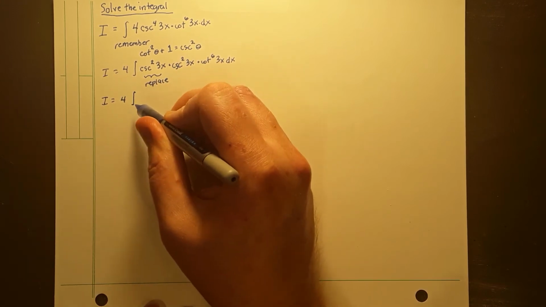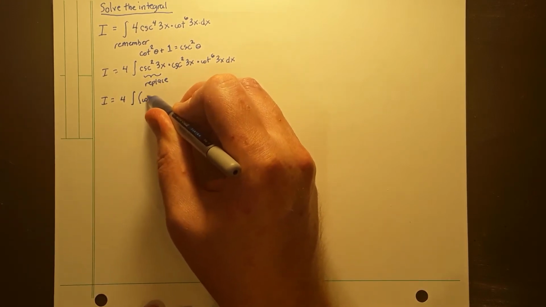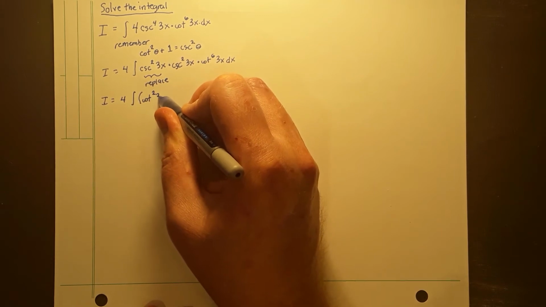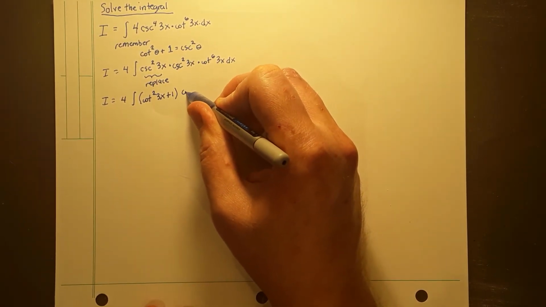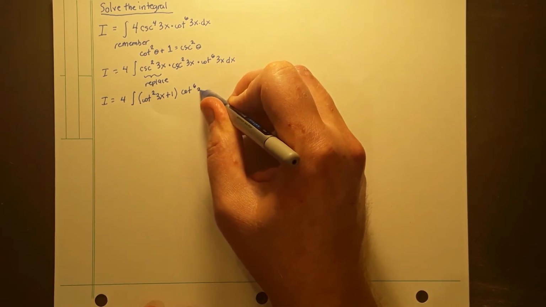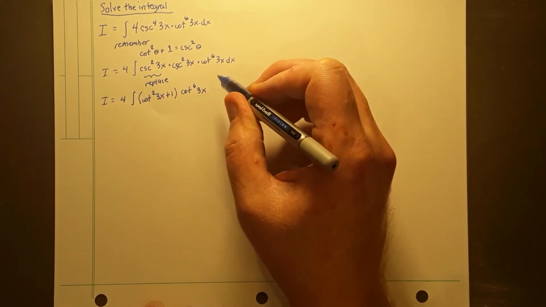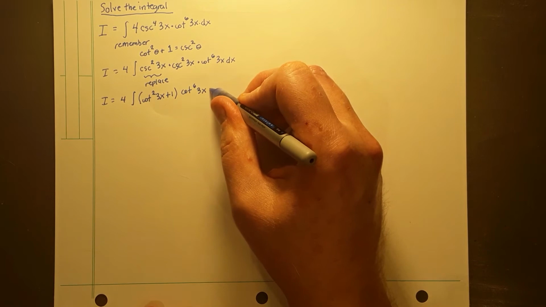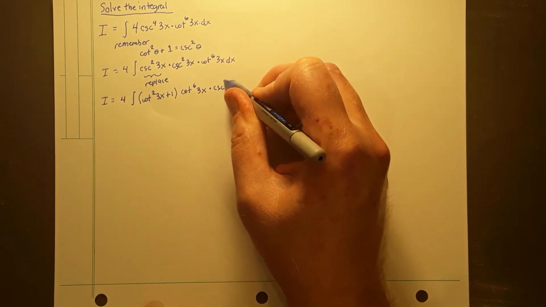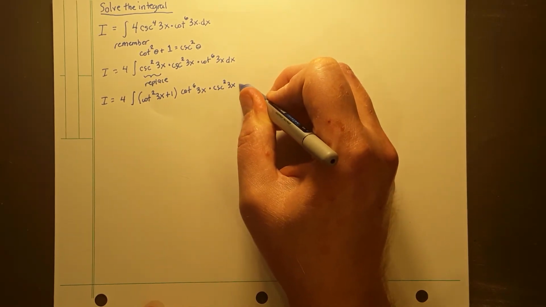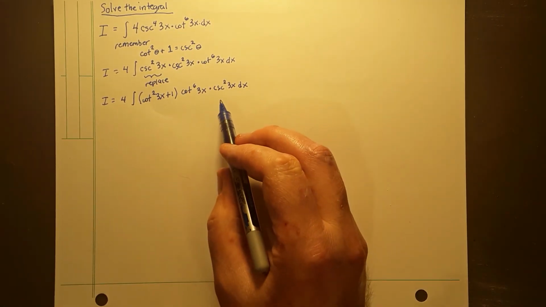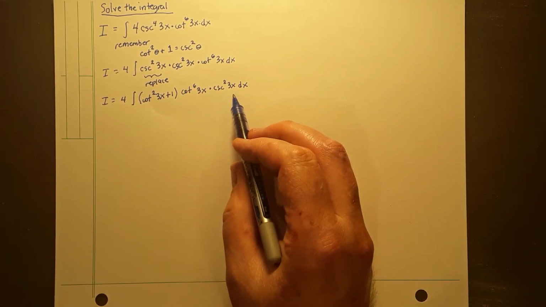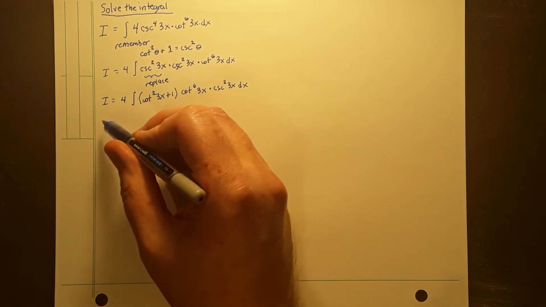So if I rewrite the cosecant squared as cotangent squared 3x plus 1, and I'm just going to rewrite the order here, cotangent to the 6th power 3x times cosecant squared of 3x dx. I've just rewritten the order so that it is obvious that the cosecant squared 3x dx is going to be part of the differential.